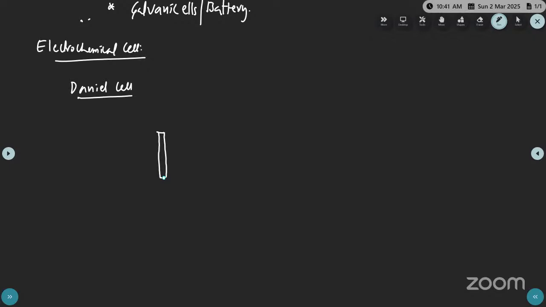So this is the zinc rod, and it is dipped in its solution, that is, zinc sulfate, ZnSO4 solution. It is an electrolytic solution. This is one electrode.